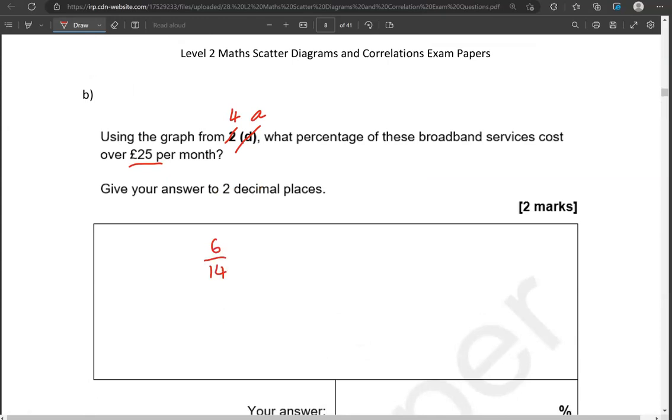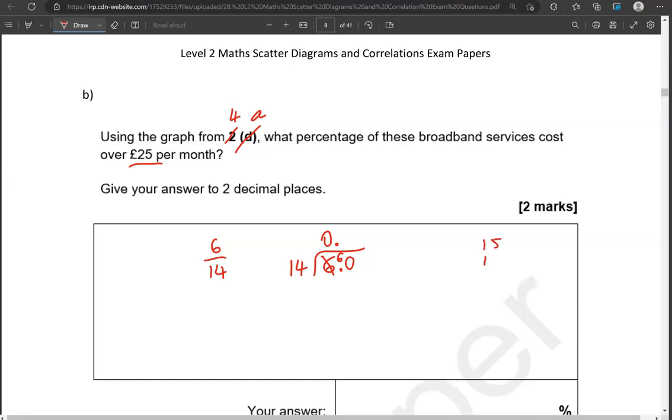Going to give our answer as a decimal, so we'll do 6 divided by 14. How many 14s fit into 6? It's none. So we put a decimal point here now and into the answer, and we can add zeros after that point. So how many 14s into 60? Now you can round in your head the 14 to 15.